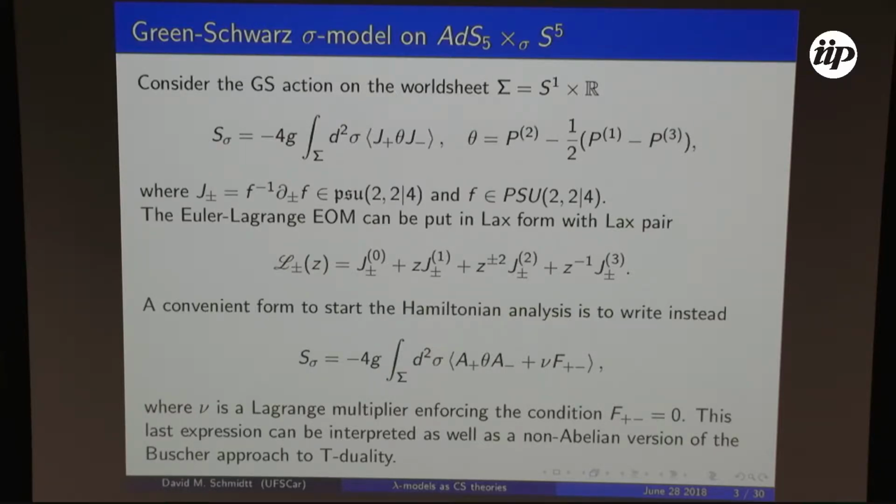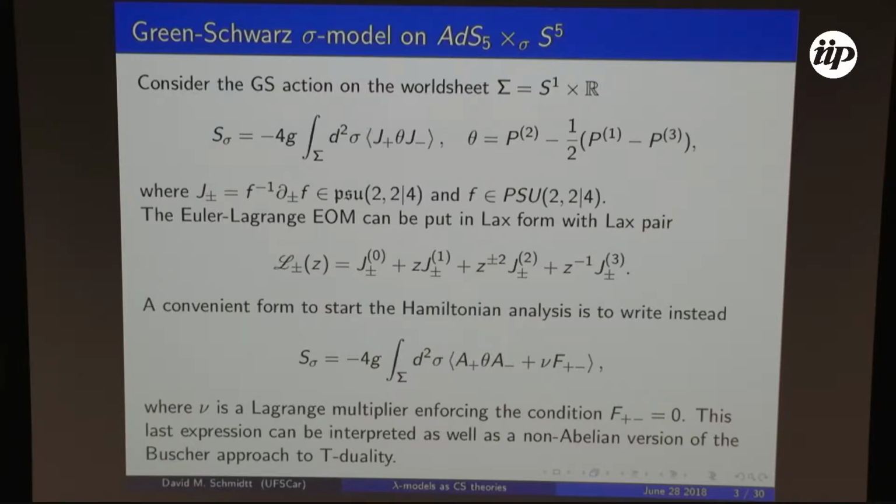There is a convenient way to start the Hamiltonian analysis in order to avoid some non-local integrations in the definition of conjugate momentum. It is to write the action in first order form. So I trade the currents for some gauge connections, A plus and A minus, and enforce the flatness condition through a Lagrange multiplier, which is called nu.